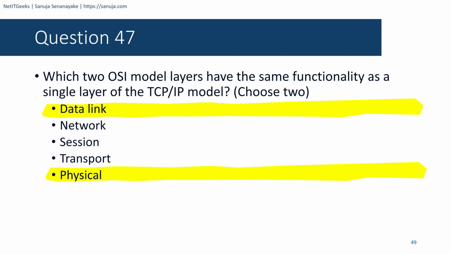The OSI application, presentation and session layers all together are equivalent to the TCP/IP model's application layer. So the TCP/IP model has fewer layers compared to the OSI model, and the data link layer and the physical layer have the same functionality as a single layer of the TCP/IP model.